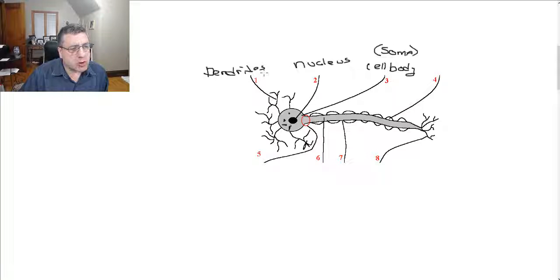Okay, let's do number 6 next. Okay, number 6 is this wide structure here. It goes all the way down, and that's called the axon, A-X-O-N.